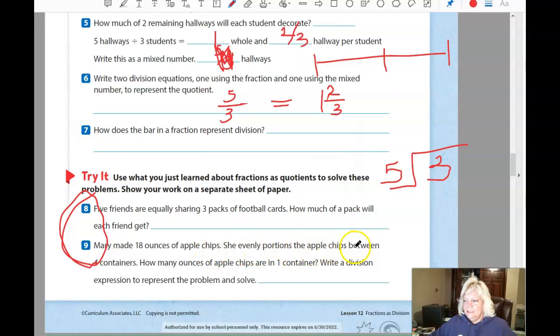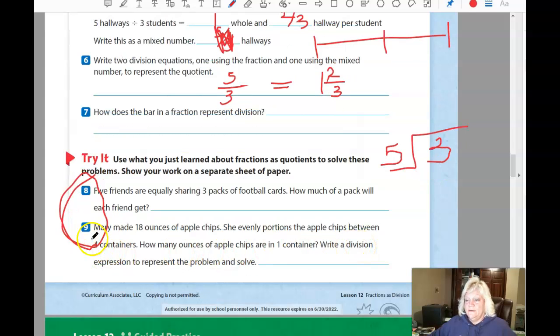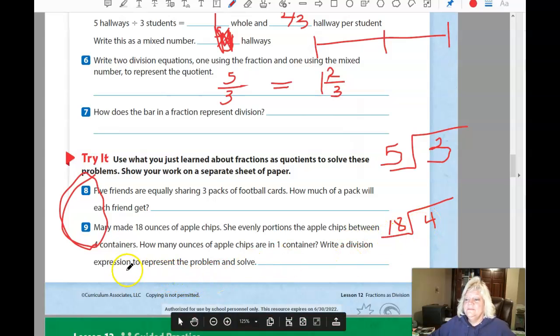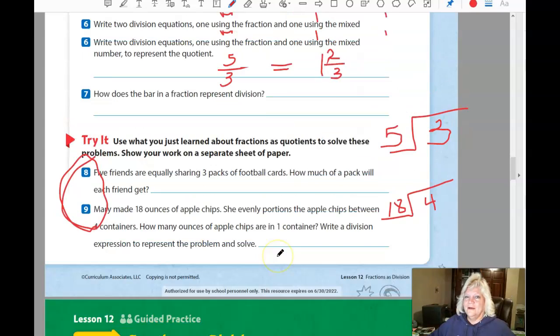She evenly portions the apple chips between 4 containers. So she has 4 containers, and she's going to divide 18 ounces of apple chips into those 4 containers. Write a division expression to represent the problem and solve it. Okay, all right.